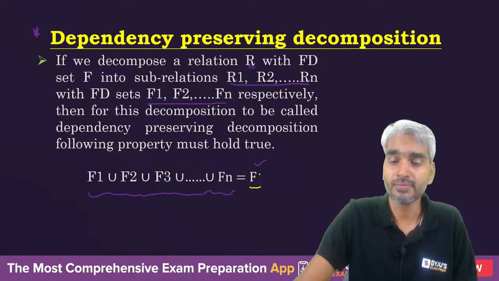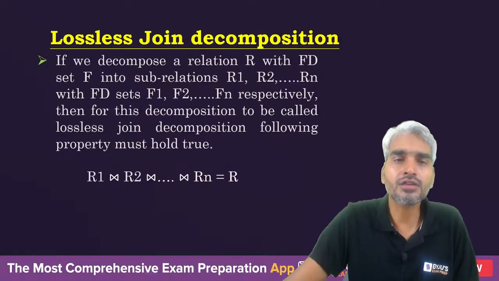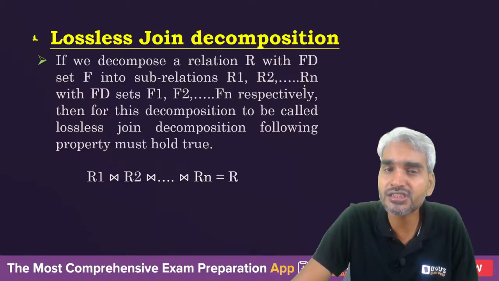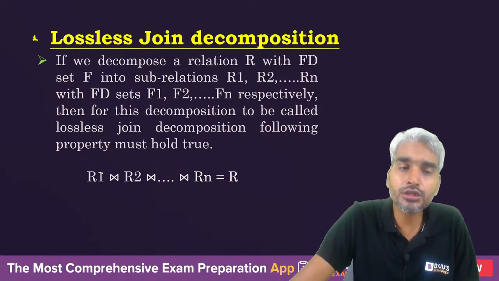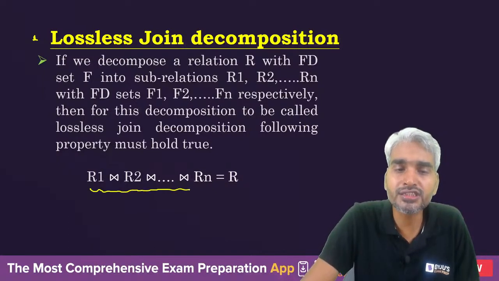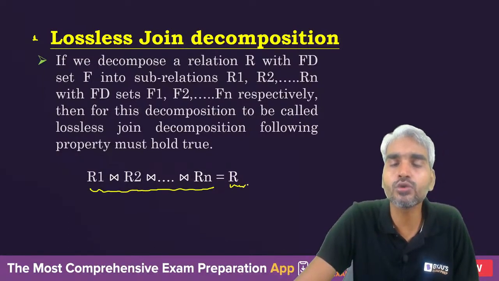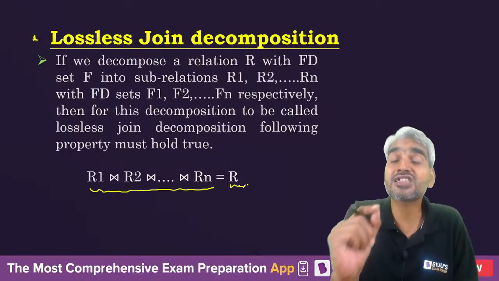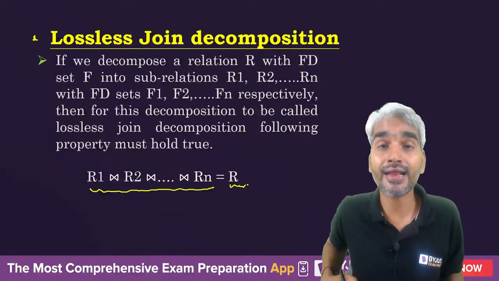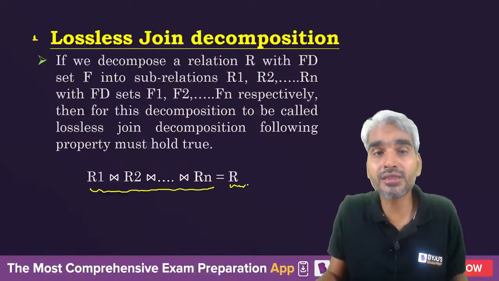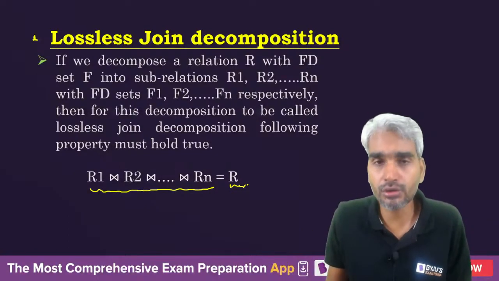Similarly, for lossless join decomposition, if we decompose a relation R into multiple sub-relations R1, R2, R3, up to Rn, then the natural join of all those sub-relations should be exactly equal to R. If there is any extra tuple in this natural join, then the overall thing will become lossy.